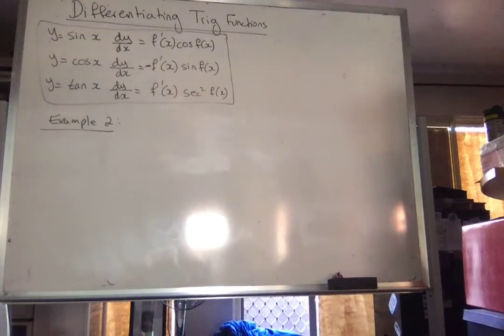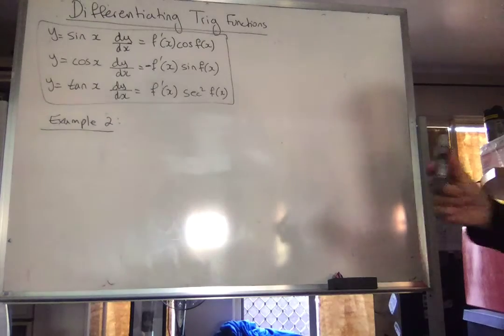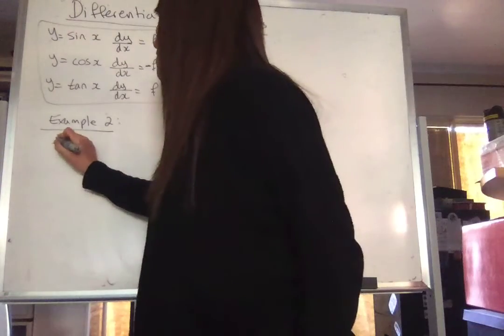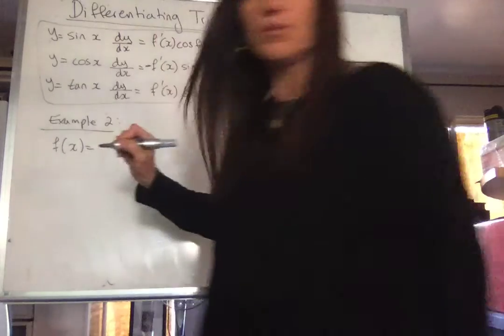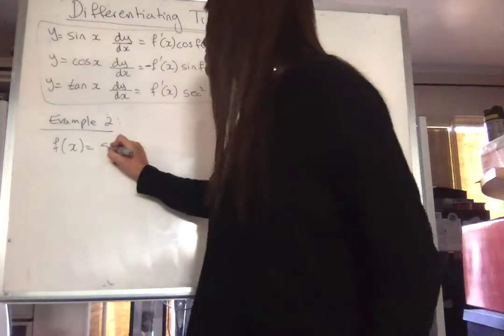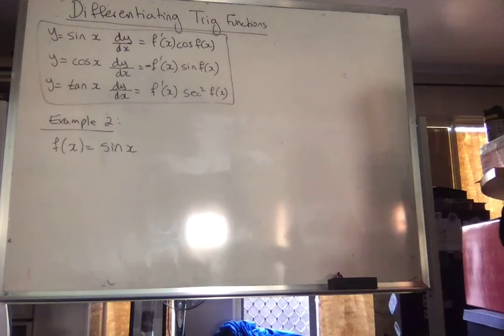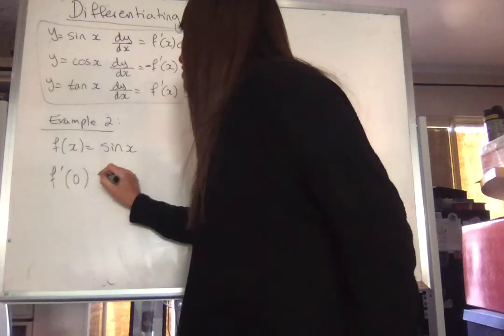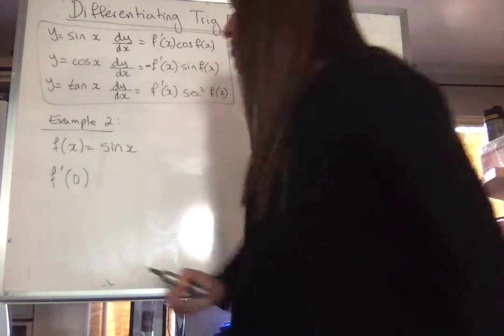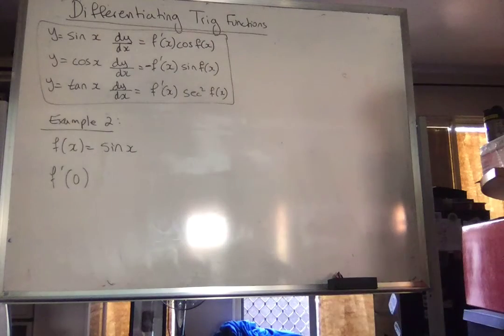Okay, for example 2, the question is, if we have, oh, that's right, f of x is equal to sine x. I need to find the derivative of that function and then substitute 0. That's what I'm asked to find.